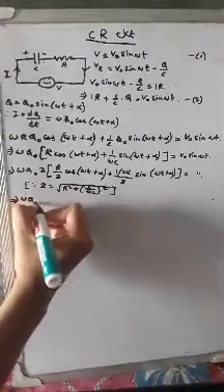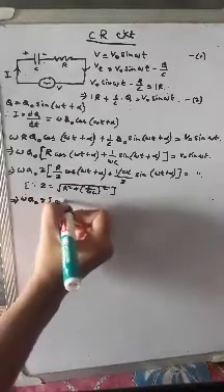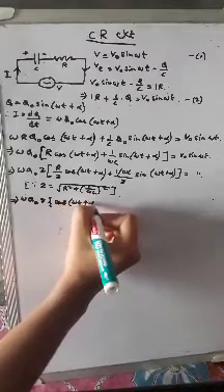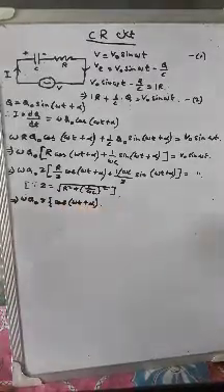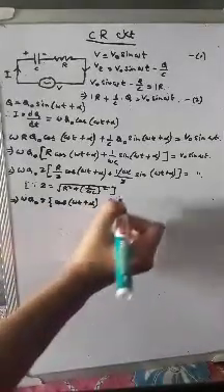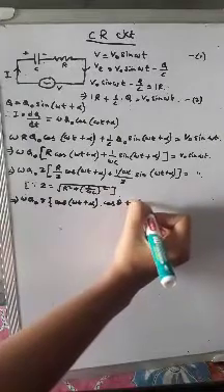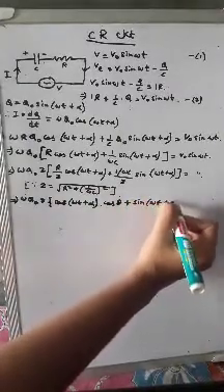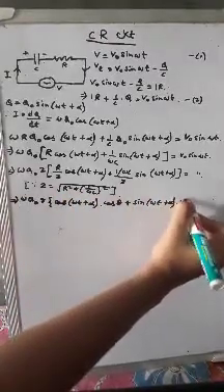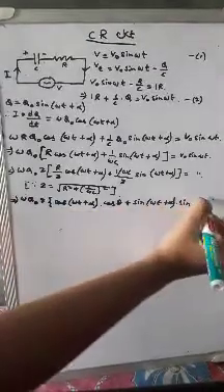So omega q naught Z cos omega t plus alpha into cos theta, I will explain this particular step, don't worry, plus sine omega t plus alpha into sine theta, which is equal to ditto.